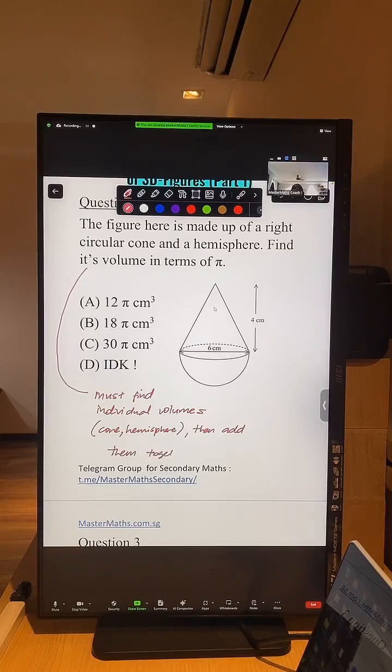That's how you find the volume of a composite figure. This is known as a composite figure because it's made up of different shapes.